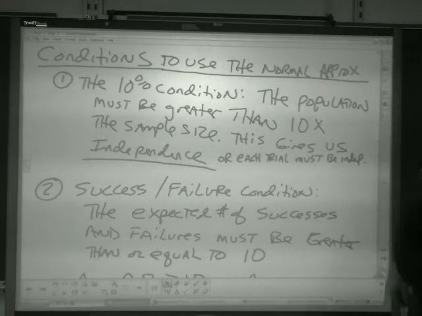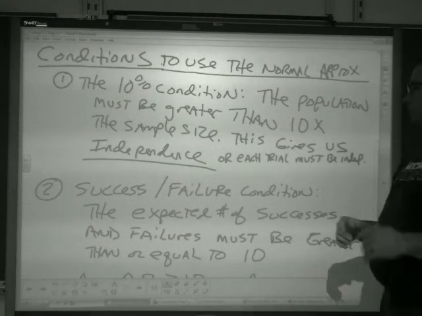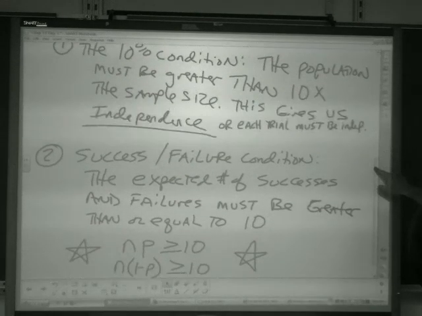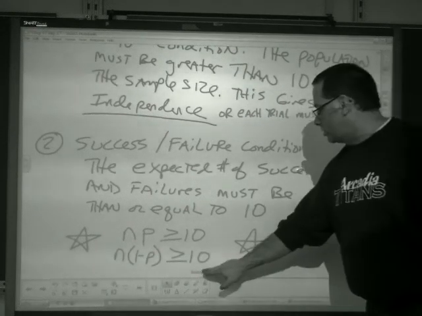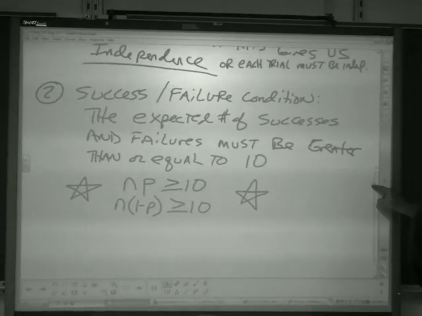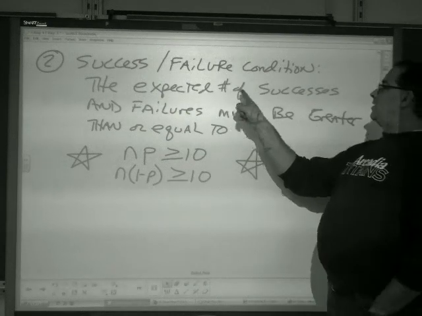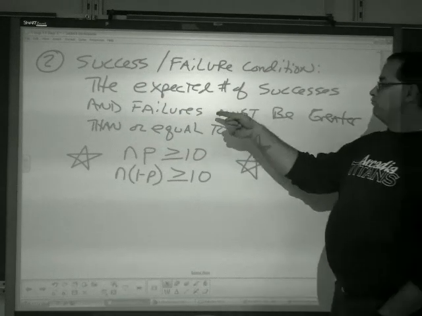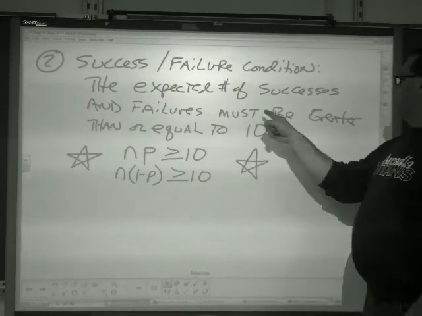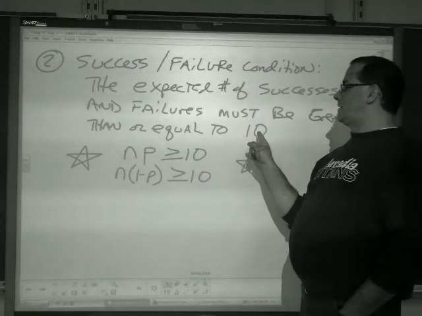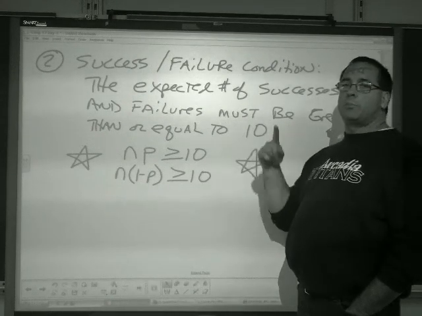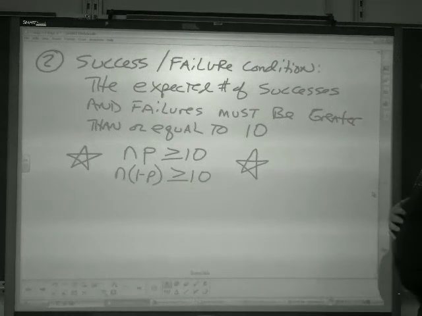The other condition that we have is what we call the success-failure condition. The success-failure condition purely is the fact that the expected number of successes and failures must be greater than or equal to 10. And that goes with our pictures that we just did.